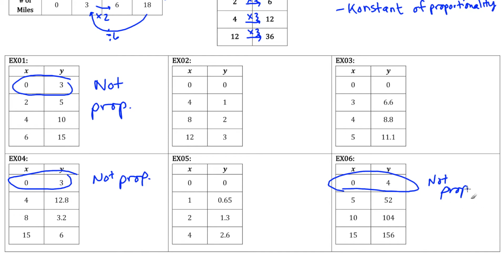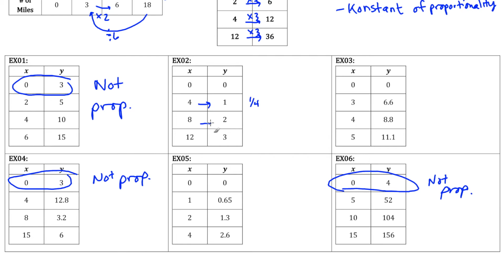All right. So let's look at these 3 right here. All right, so 0, 0, we're good. 0, 0, we're good. Let's figure out what we're going to multiply here. If you don't know what you multiply going to the right, then you divide going to the left. So this one, 1 divided by 4.